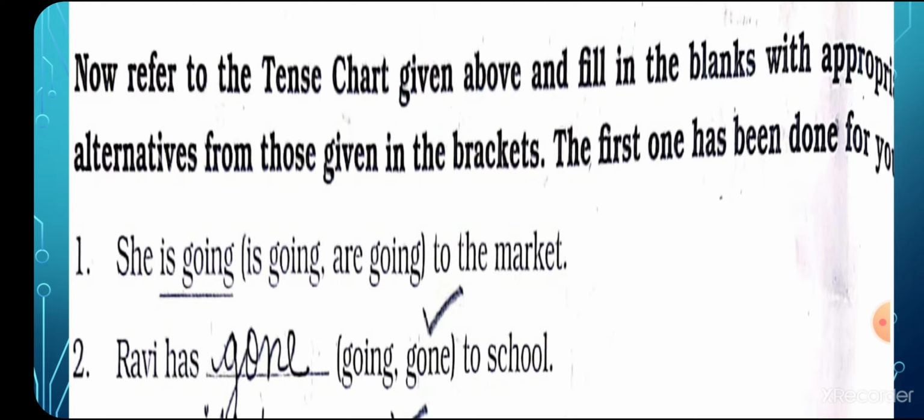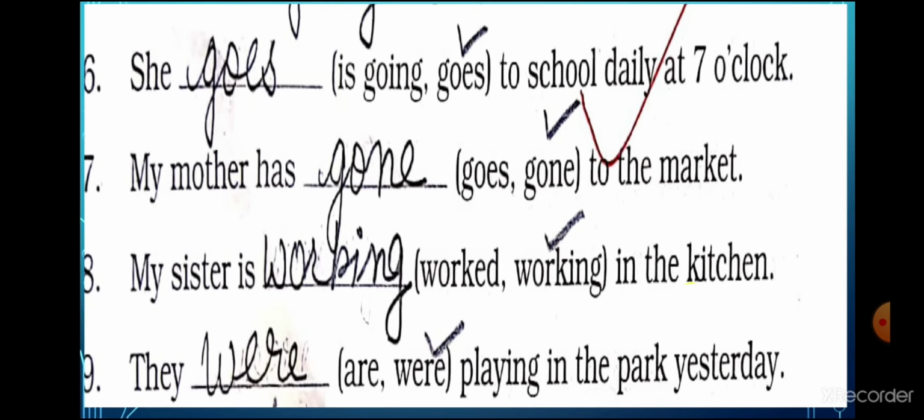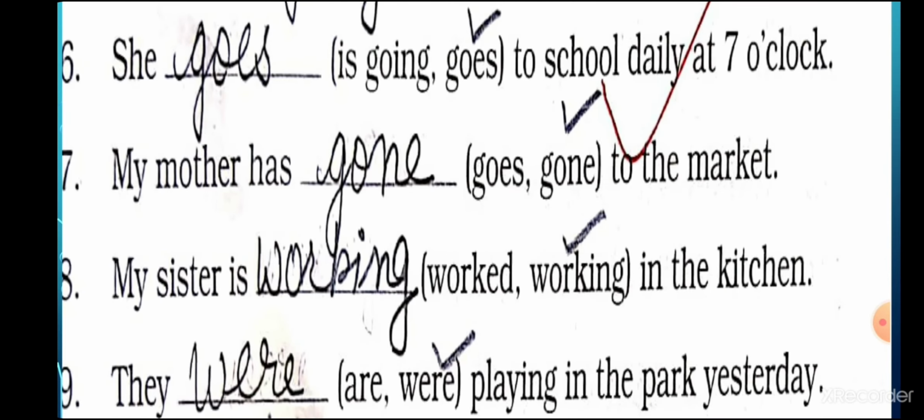So here we can put a tick on is going, or we can write it down also like she is going to the market. The next one, students, Ravi has gone to school. Two options are again given: going and gone. It should be gone. So here we can write down Ravi has gone to school. With has, we use the third form of the verb.